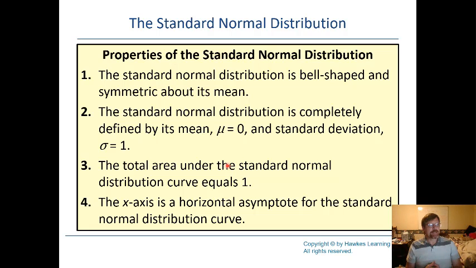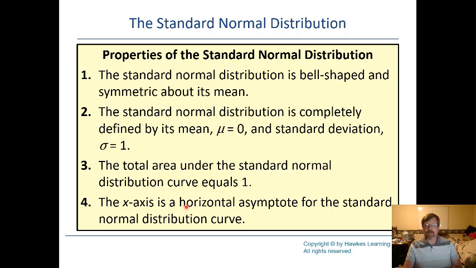It has almost the exact same properties. It's still bell-shaped and symmetric. It's still completely defined by its mean, which becomes 0 in this case, and its standard deviation, which now becomes 1. The total area is equal to 1, and it still uses the x-axis as a horizontal asymptote.